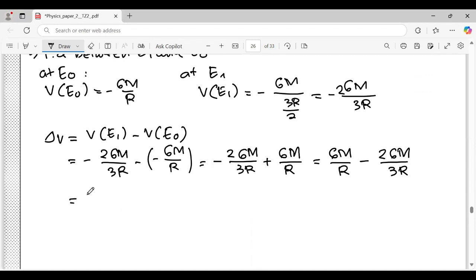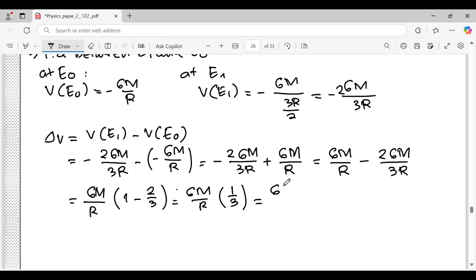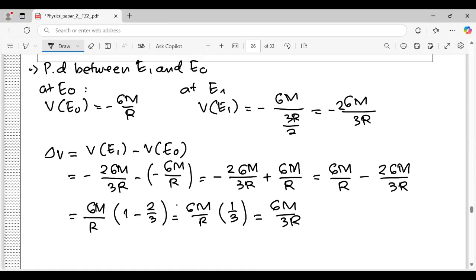I'm going to factorize GM over R times 1 minus 2 over 3, or GM over R times 3 minus 2 over 3, which is GM over 3R. That is delta phi, the potential difference between E1 and E0.